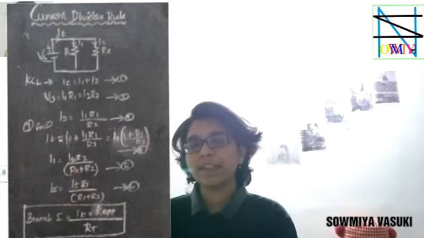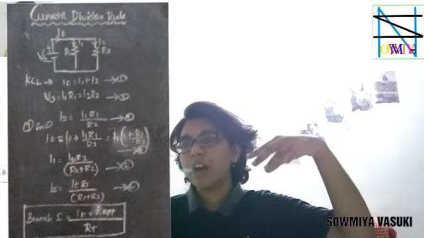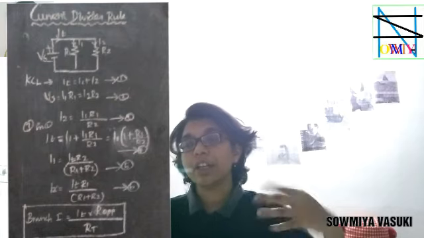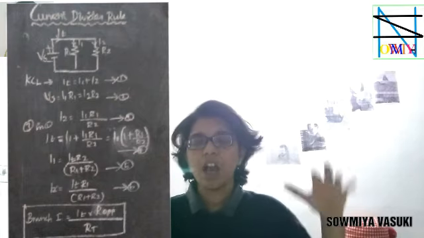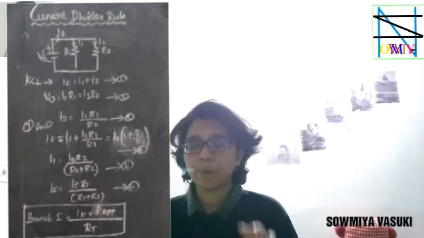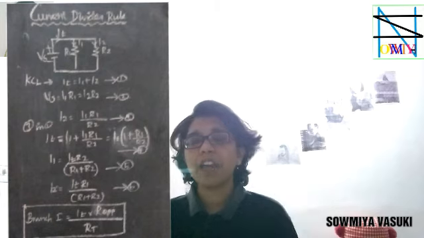Applying this fourth equation to the second equation, I1 R1 equal to I2 R2, in this way I1 is equal to the total current into the opposite resistance divided by total resistance. I1 is equal to I total into R2 divided by R1 plus R2.